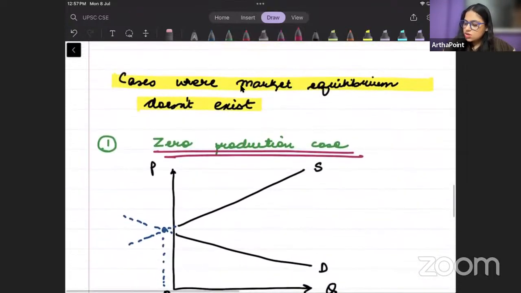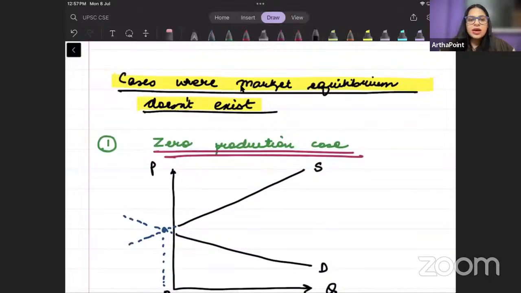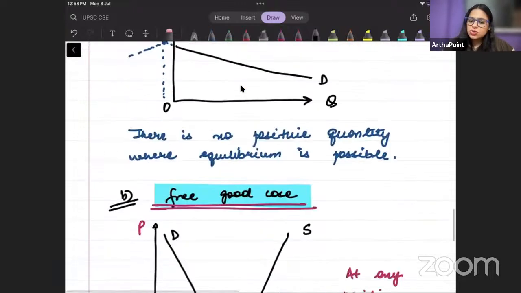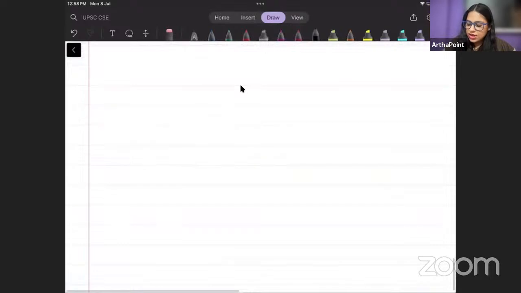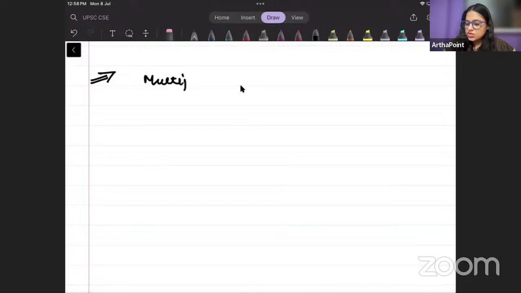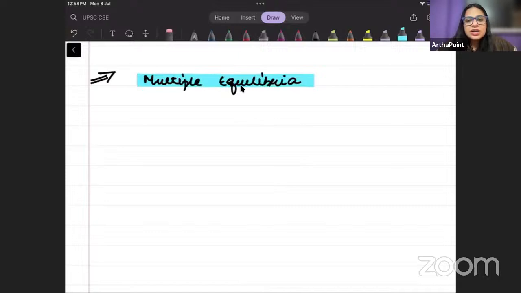Now, just focus here that when I'm talking about these cases, I am still talking about unique equilibria. But I just want to bring to your notice another additional case, which is the case of multiple equilibrium. So multiple equilibria is when demand and supply curve, they go ahead and they meet more than once.